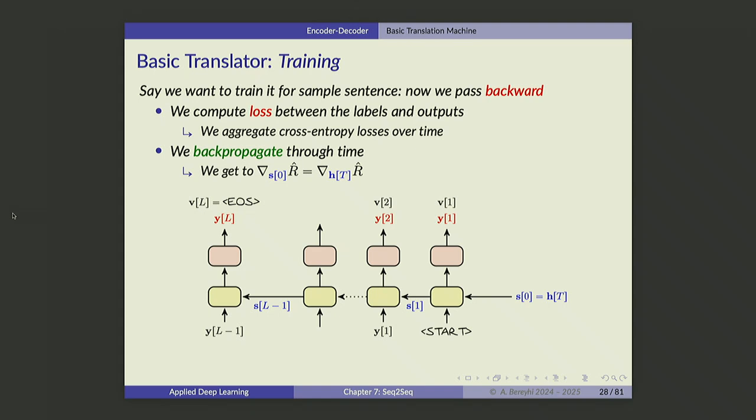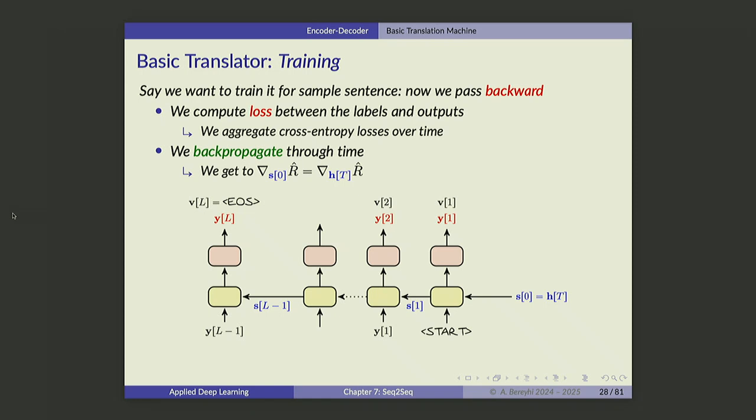So if you want to backpropagate, you're finishing here, so you compute all the losses here, and then you can backpropagate. When you backpropagate, you're going to compute the gradient with respect to the hidden state at every single time. So obviously, you are able to compute the gradient with respect to the hidden state at the beginning of time in the decoder.